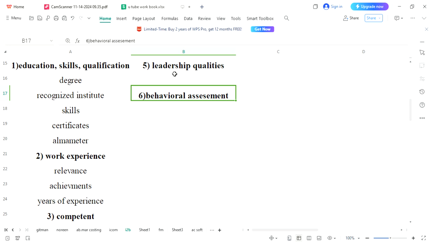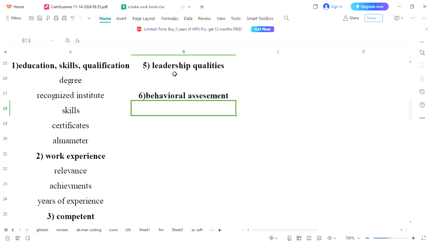Whether he is accepting that challenge, whether he is accepting that goal, whether he is accepting that different environment. If he is accepting, that is favorable for your business. If he is reluctant to change the environment, if he is reluctant to accept the new targets, he will not be productive. So at number 6, we have seen his behavioral assessment.